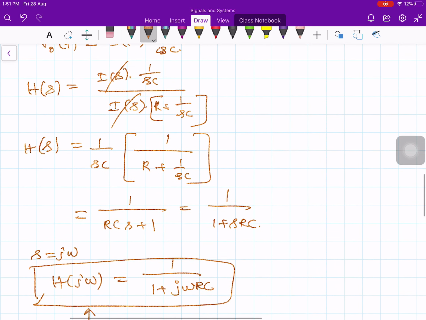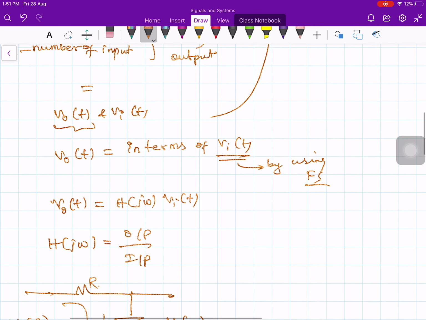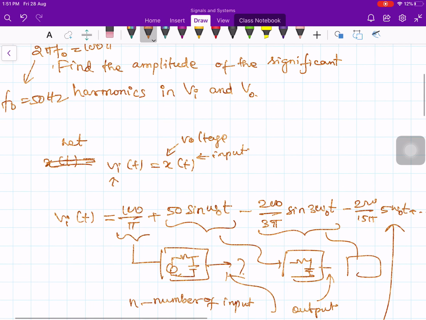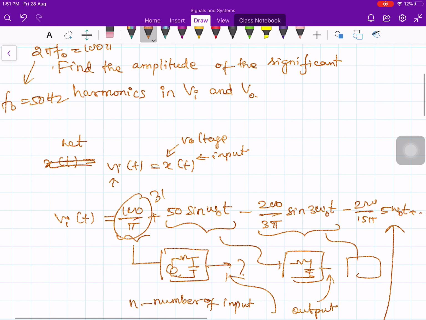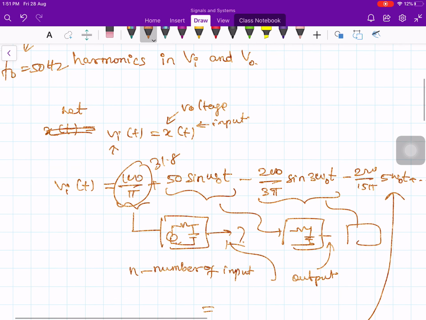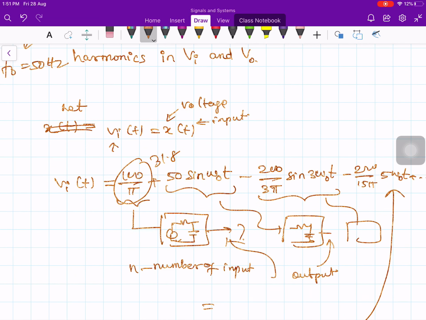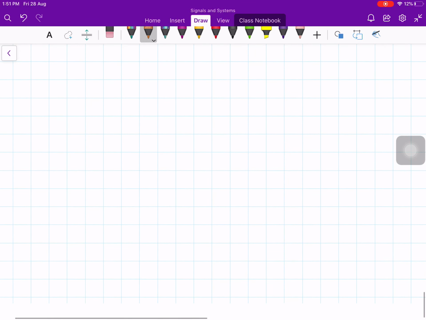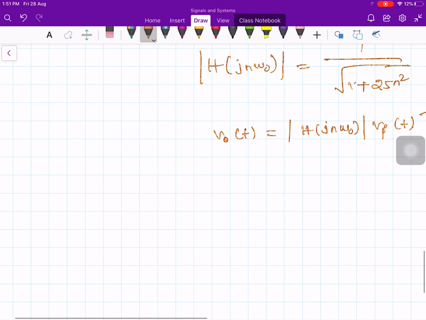Now in the expression we have 31.8. Where is it? Sorry, 100 by pi, that is 31.8. Okay, so let me write down this expression once again so that we can work this out.